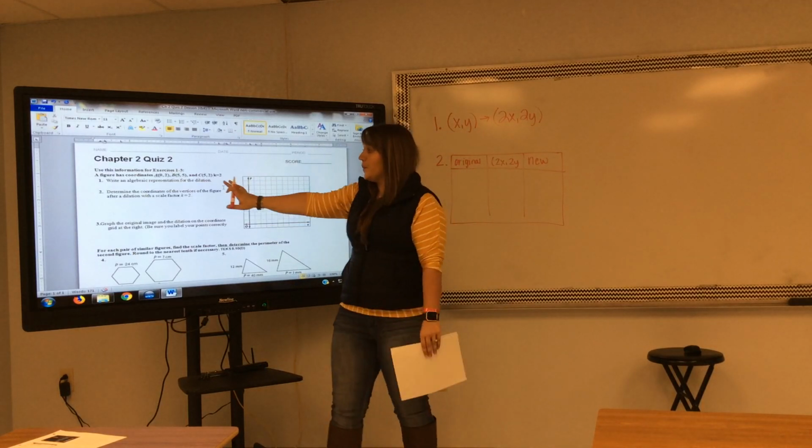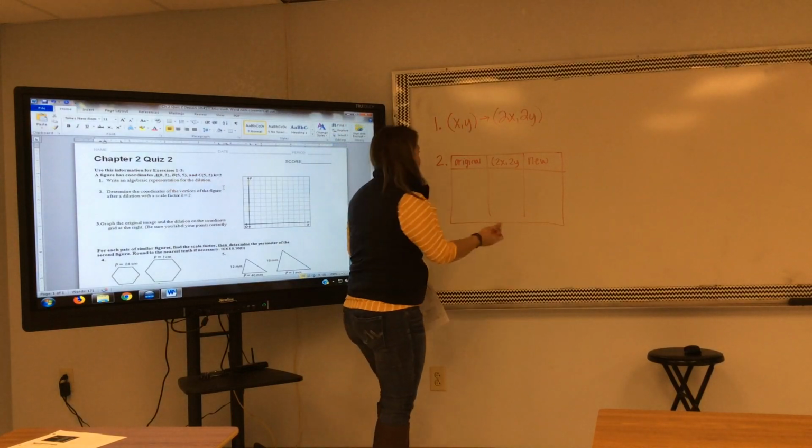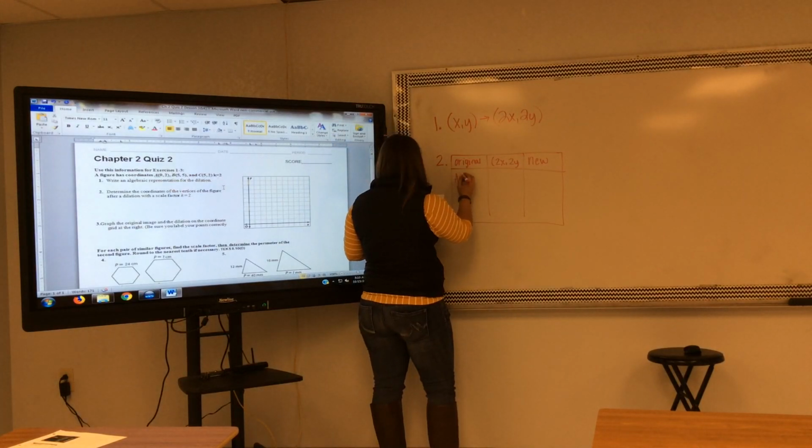Well, straight from the problem, we found that A is 0, 2, B is 5, 5, and C is 5, 2. So I'm just going to write that down. A is 0, 2. B is 5, 5. And C is 5, 2.